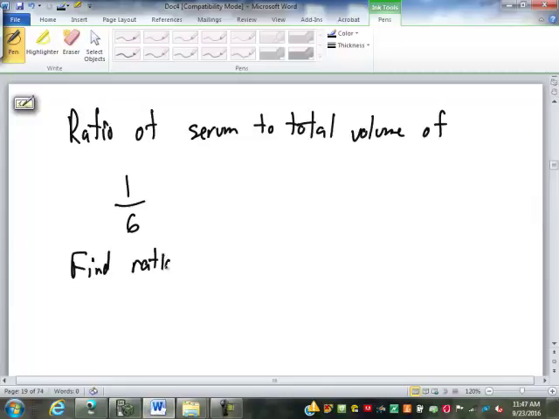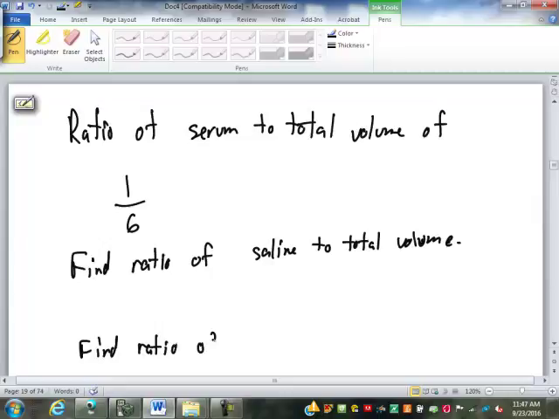Find the ratio of saline to total volume and find the ratio of serum to saline. Just give you a second, see if you can pick those out.